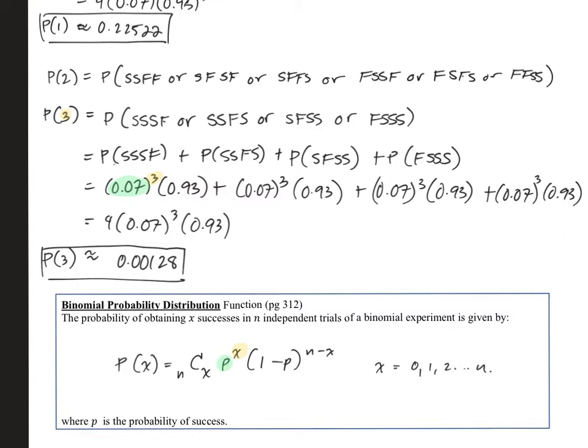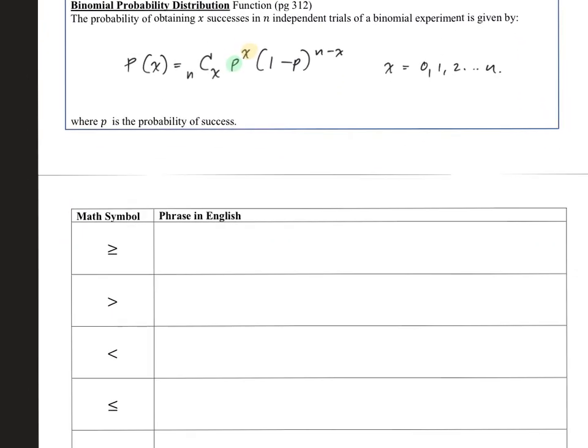And then we have our failure right here, and we take our N value and subtract X from it. So what is our N value? In our problem, N was 4. So 4 minus our X value of 3 would give us 1, which is why we have that to the 1 power. So that's sort of a small way of letting you know how we end up with our formula, giving you a hint on where it comes from.